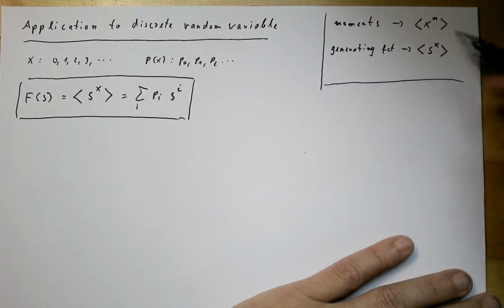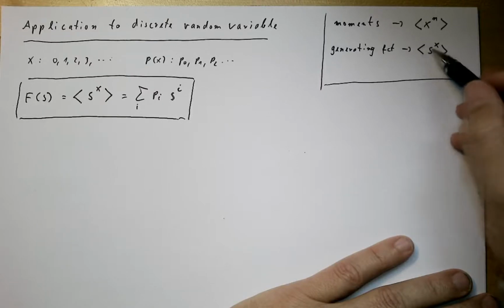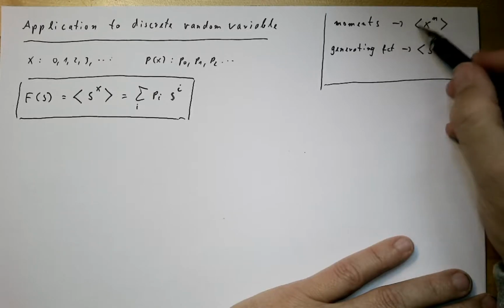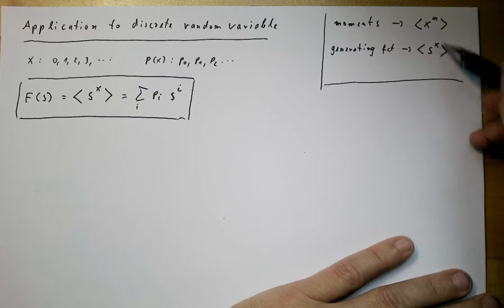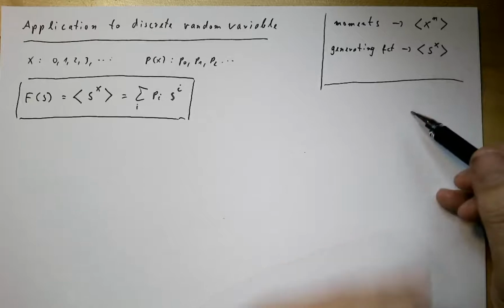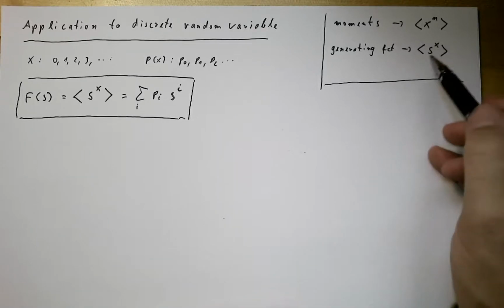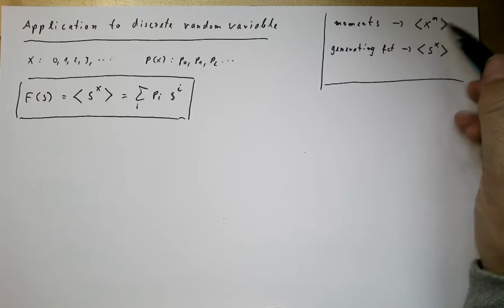So again there is a subtle difference between taking a power function or an exponential, because s to x we can write as e to ln s times x. So that's an exponential. We take the expectation value of an exponential of our random variable, and for the moments we take the expectation value of a power of our random variable. And this small difference has tremendous consequences. But in principle it's something similar to what we did for the moments.